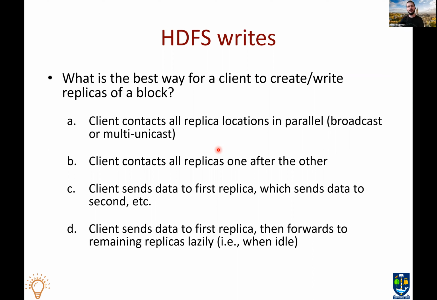So A or B or C. People say that A and B take up a lot of traffic. But I will say that the amount of bandwidth used cumulatively across the cluster is the same in all 3 cases. In all 3 cases, you transfer 3 times the size of your block.